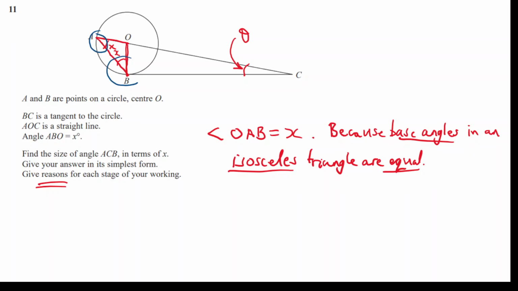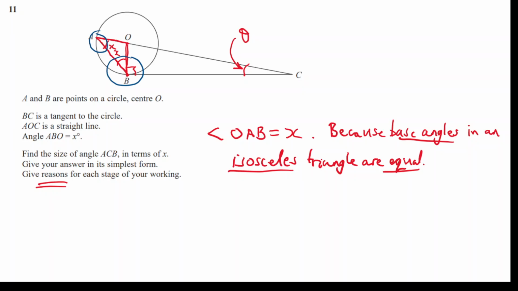We now need to figure out what this angle is, CBA. We know part of it is X. And if you remember, one of your circle theorems is going to give us the other part of that angle.